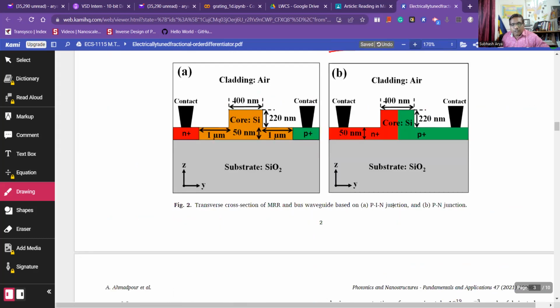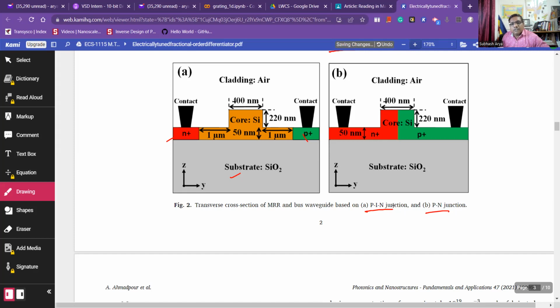Transverse cross section of the ring and bus waveguide based on PIN and PN. So now this is a cross section here. Below, this is the substrate of silicon dioxide. Above is a material of silicon, but the silicon material is doped. This region is doped N plus, and on the right-hand side P plus.